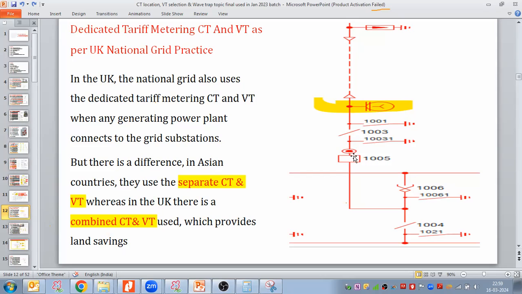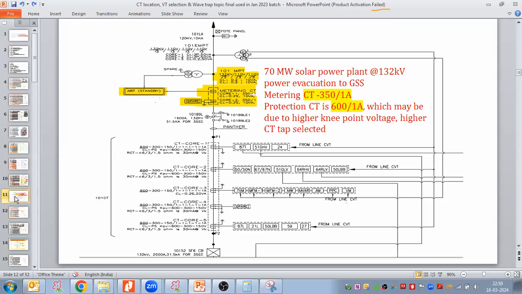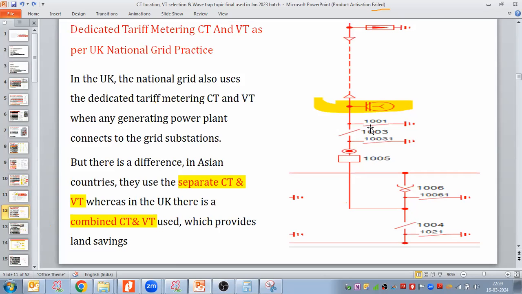This symbol is the CT. For CT, we take this coil or inductive coil type of symbol, whereas they, instead of the inductive coil type of symbol, take just a circle.